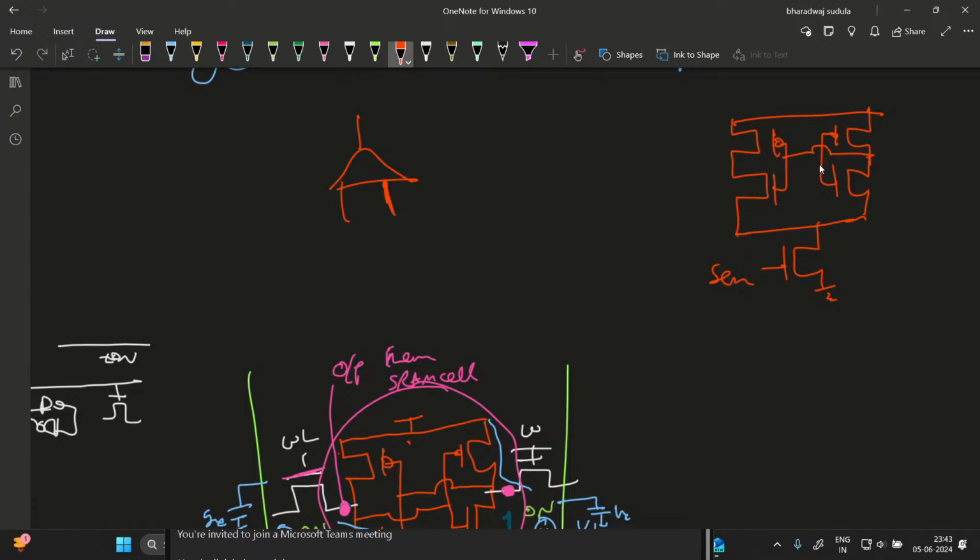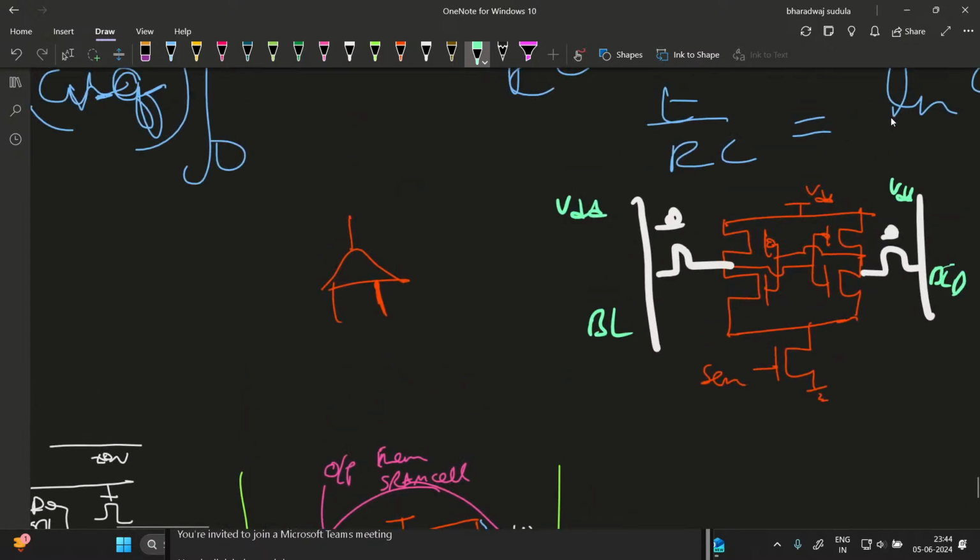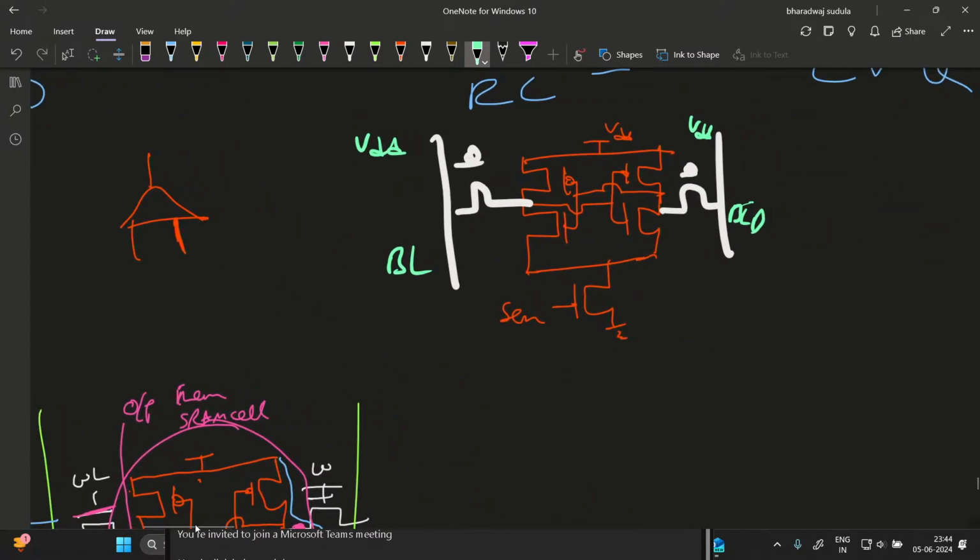You know differential amplifiers, how they work? So this is PMOS, this is bit line, this is bit line bar. Let's say this is VDD and this is VDD.